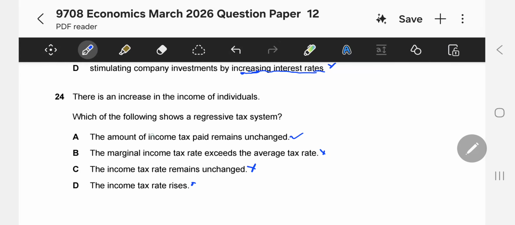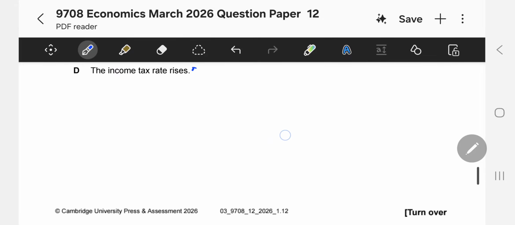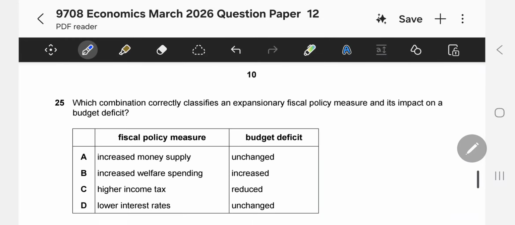I think the correct answer would be A, because if the amount of tax paid just remains the same, it means people whose income has increased are still paying the same amount, and therefore the tax system is taking less money from them now, a smaller proportion from their income. So that would definitely be the answer I think is correct.